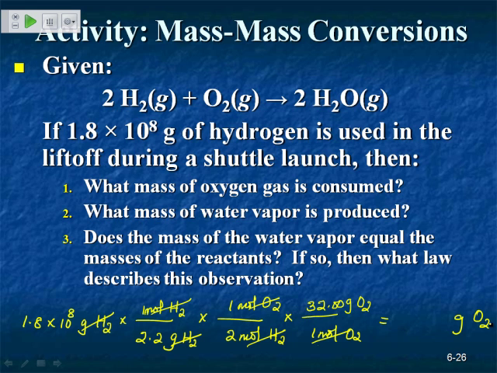There is a scientific notation number also. Basically, multiply everything in the numerator, then divide by 2.2 times 2, which would be 4.4.